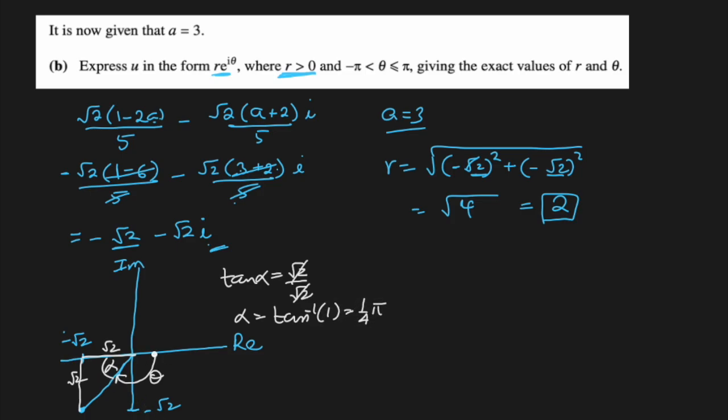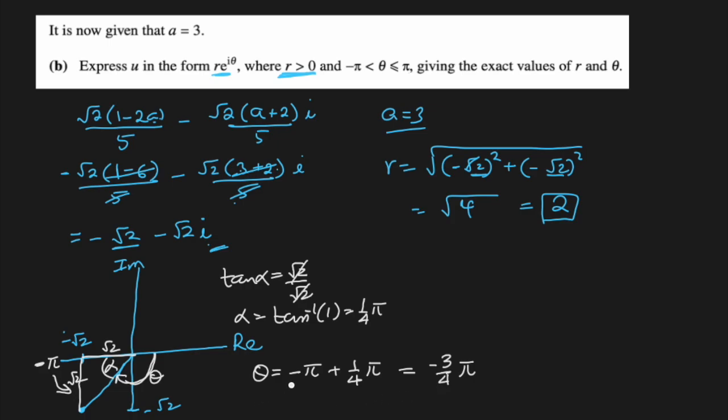Now, if we go this way, this angle is negative pi. They said theta is between negative pi and pi. So, what will be theta then? Theta will be negative pi, and in this direction, it's positive, so plus the 1 over 4 pi we just got. So the answer is negative 3 over 4 pi.